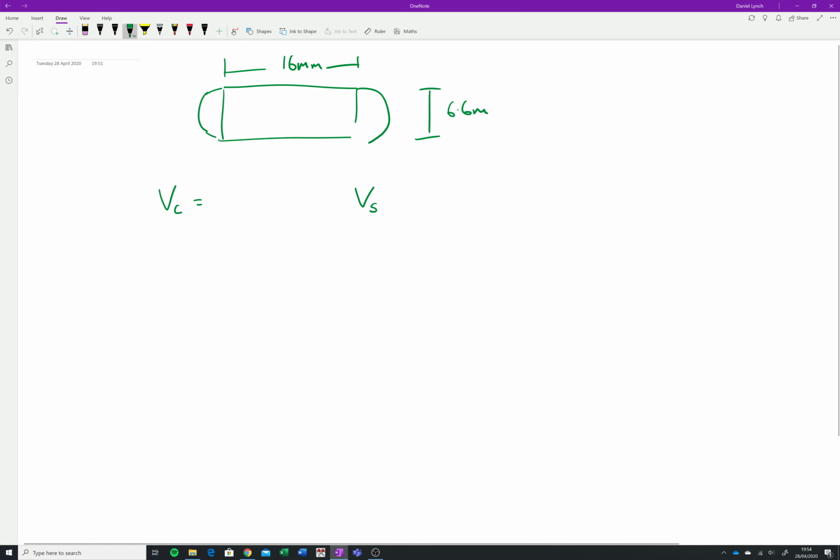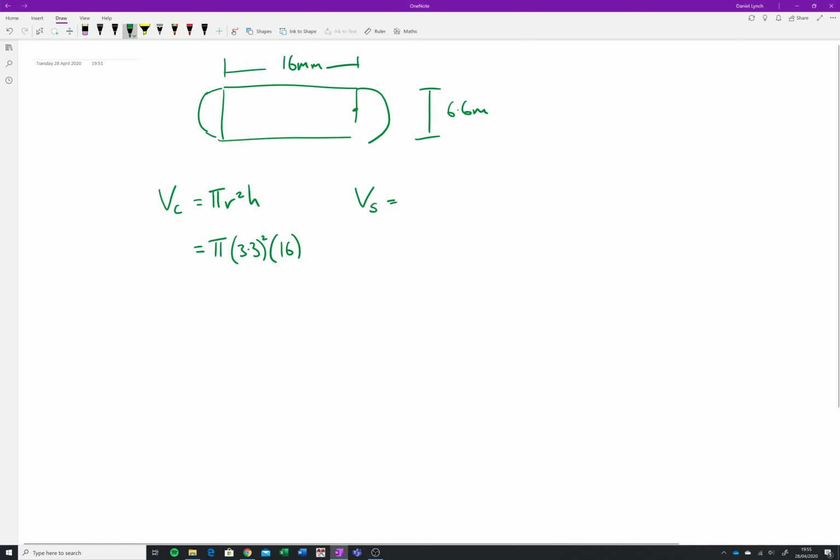Okay, this is in three dimensions. It's worth pointing out. So this is pi r squared h. Pi is pi. The radius of the cylindrical part here is of course half of this thing here, so that's going to be 3.3 squared, and its height is 16.